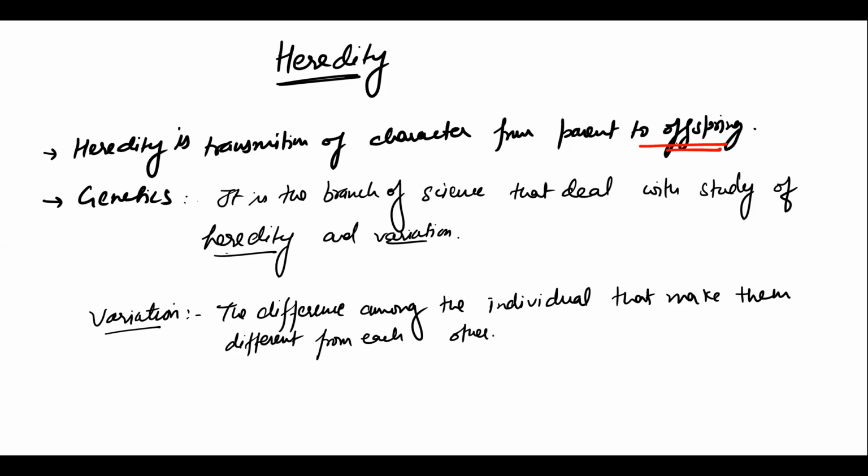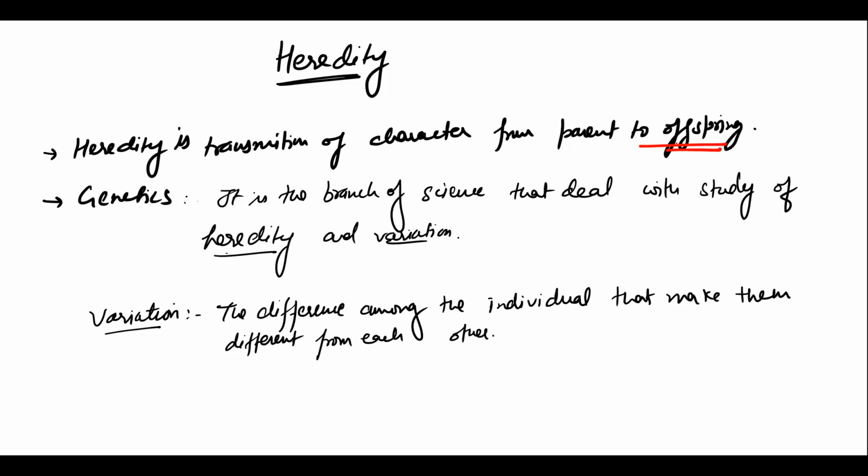For example, a boy is going to have the same height as his father, and the same color as his mother, and the same curly hair as his mother or father. So this is what we are getting from our parents. This is called heredity.